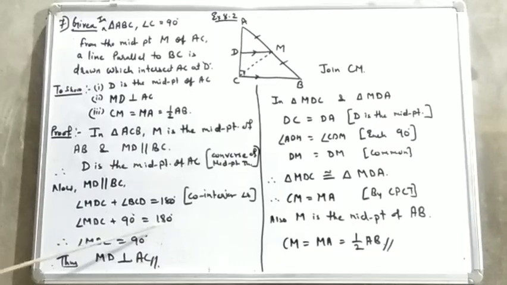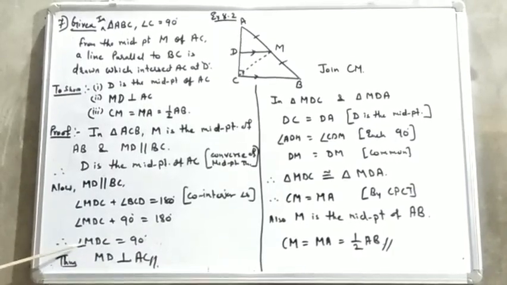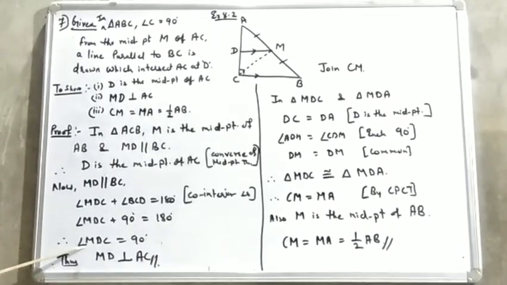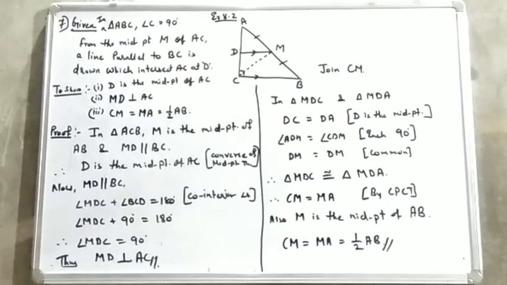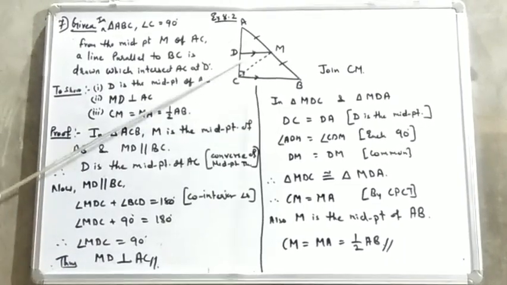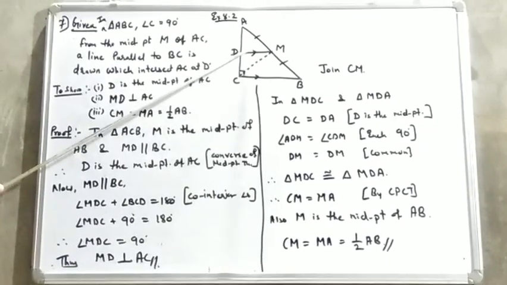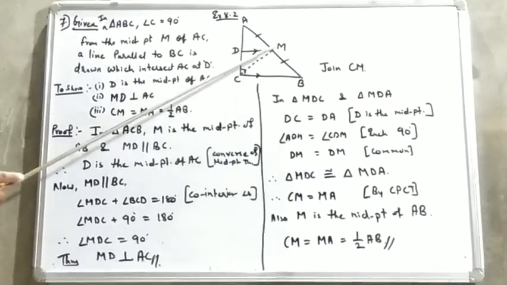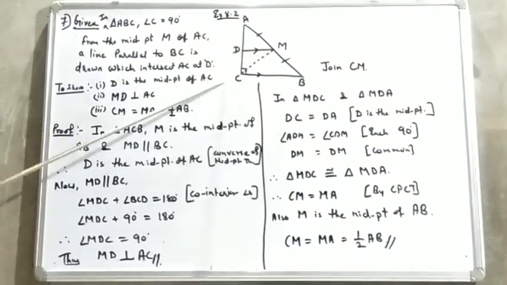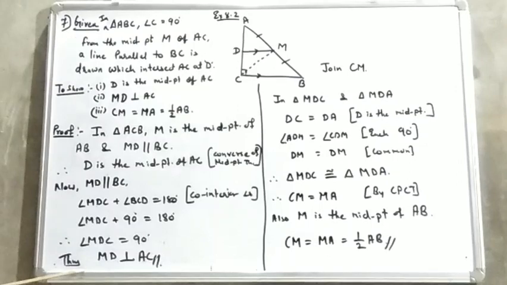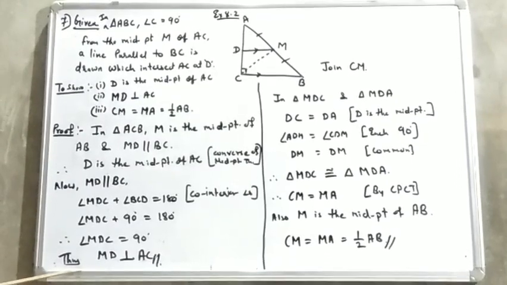So subtracting 90 from 180, we get the measurement of angle MDC equal to 90. So we can say MD is perpendicular to AC. Thus the second part of the question has been proved.